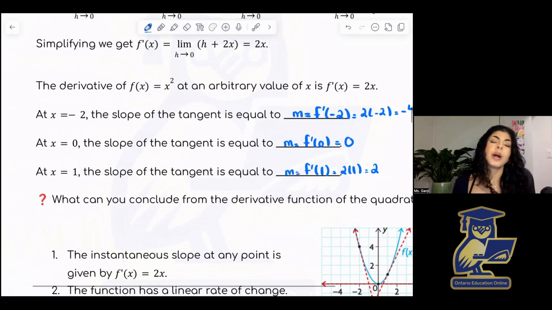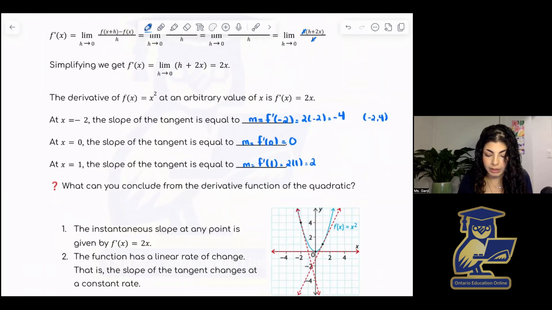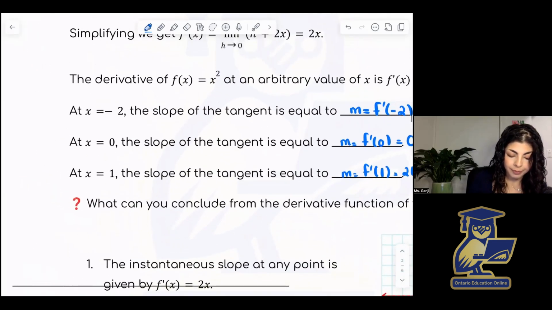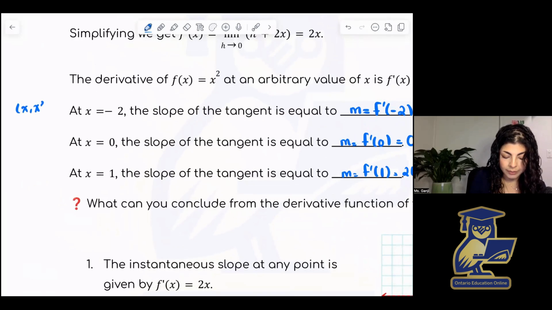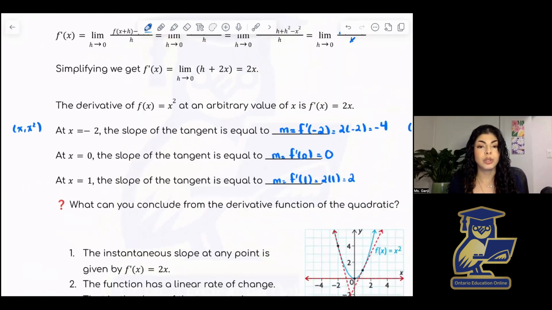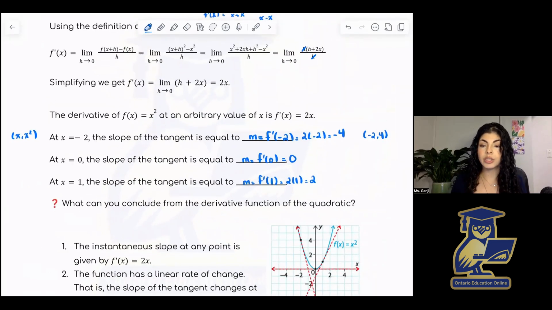And same as last class, if I now asked you to find the equation of the tangent, you already know these points because they're given by x squared. And you have the slopes, so you should be able to find the equation of the tangent at any of these points.